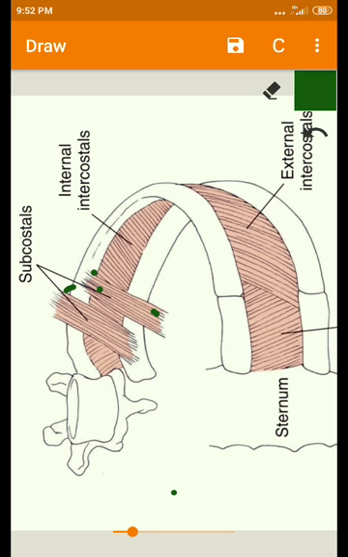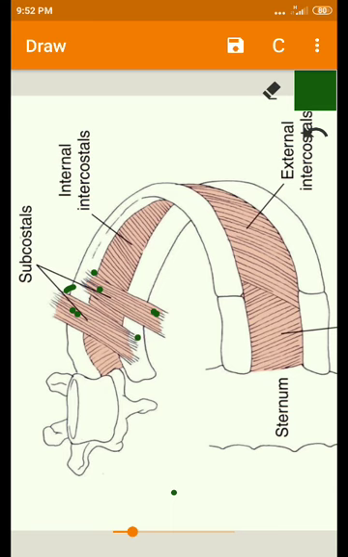Okay, and this also originates from the upper rib, but it has its insertion one rib below the origin.